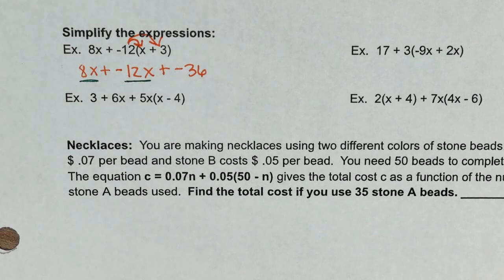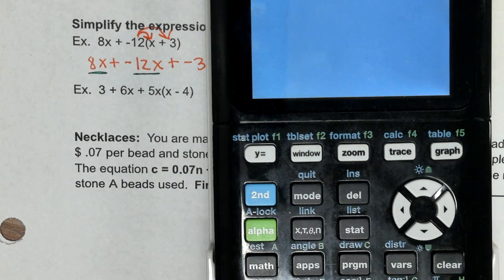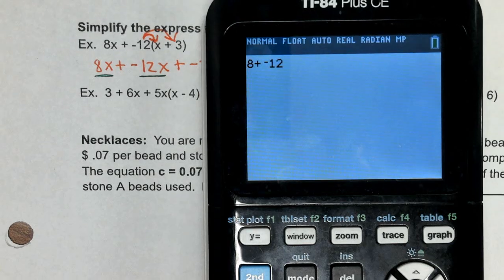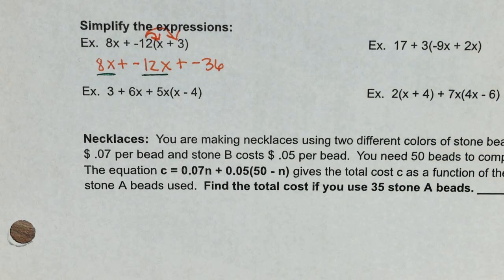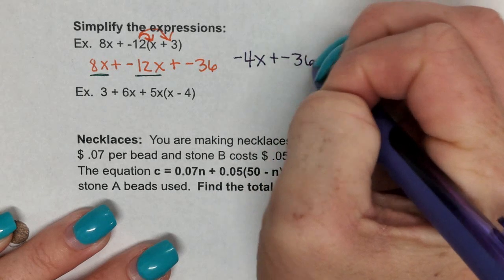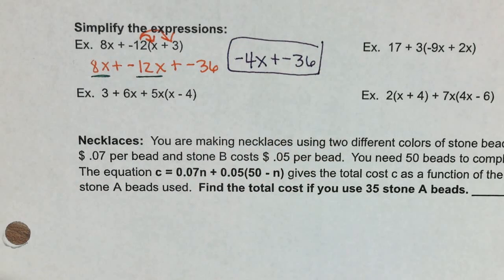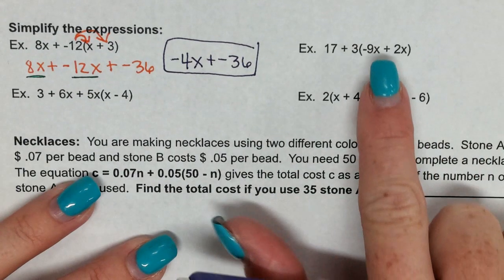And if you don't know, let's just say you're really bad at integers, you would simply put in your calculator 8 plus negative 12, and you would see that that's a negative 4. So I have negative 4x plus negative 36, and that would be my final answer. I think quite a few of us forgot to do that final step yesterday. Okay, try this one over here on your own.